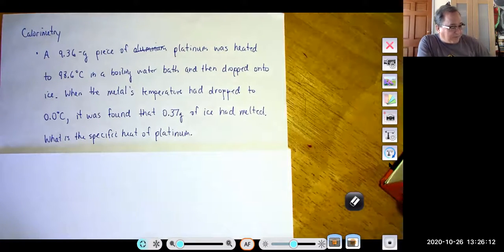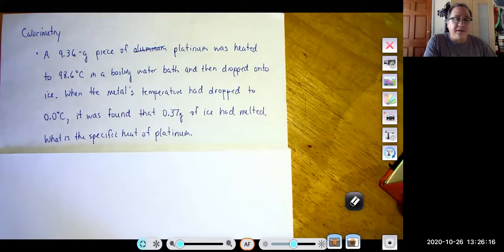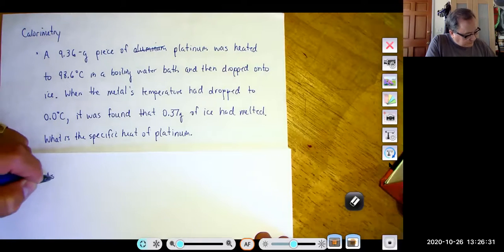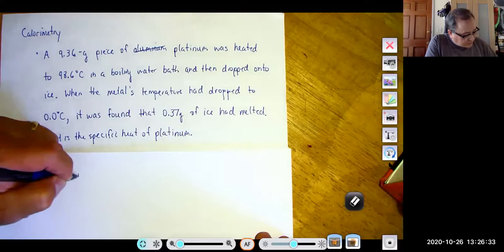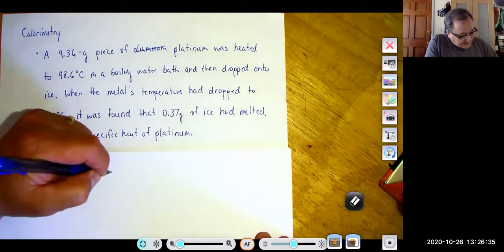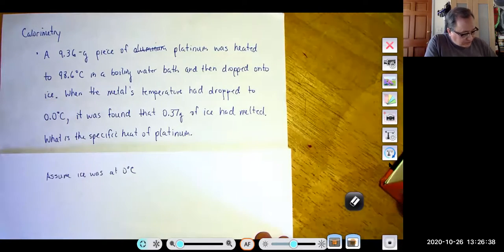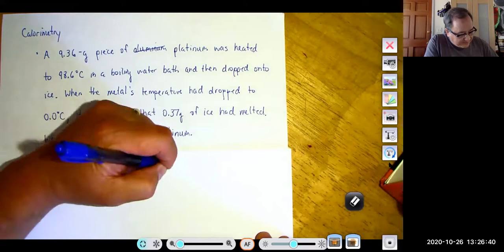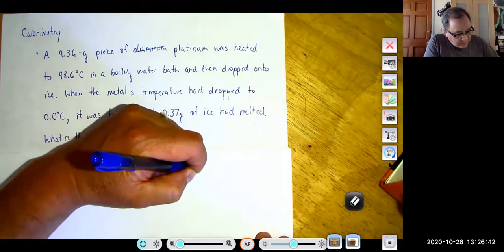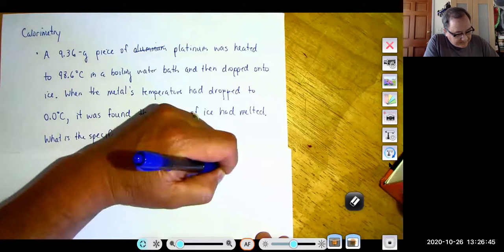A 9.36 gram piece of platinum was heated to 98.6 degrees in boiling water, then dropped onto ice. The metal's temperature had dropped to 0 degrees Celsius. It was found that 0.37 grams of ice had melted. What's the specific heat capacity of platinum? So we're going to assume the ice was at 0 degrees Celsius, so all the heat went into melting.